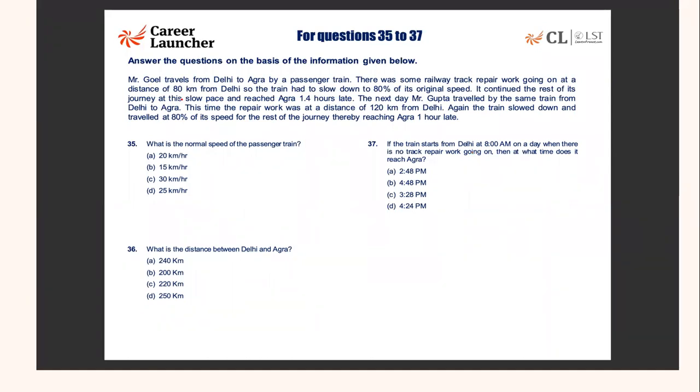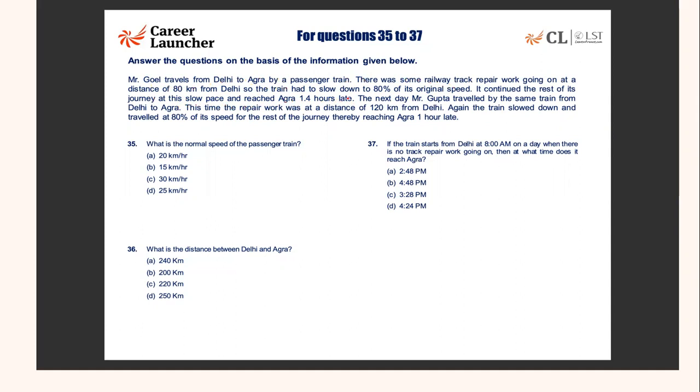All right, so it says that Mr. Goyal travels from Delhi to Agra by a passenger train. There was some railway track repair work going on at a distance of 80 km from Delhi, so the train had to slow down to 80% of its original speed. It continued the rest of its journey at this slow pace and reached Agra 1.4 hours late.